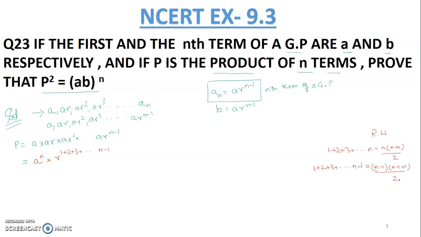Understand this step carefully, students. I have replaced n by n minus 1, so here it will be n minus 1 and n minus 1 here, and plus 1. This minus 1 and plus 1 will be cancelled, so we are left with n into (n minus 1) by 2. So the sum of the first n minus 1 terms will be n(n minus 1)/2.